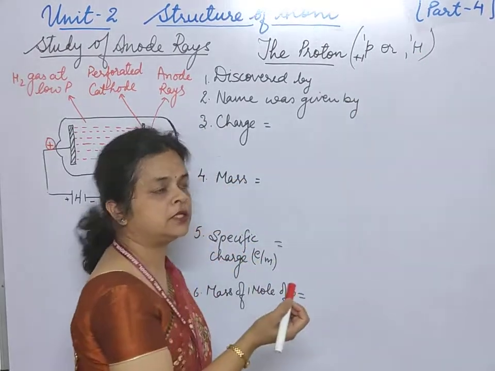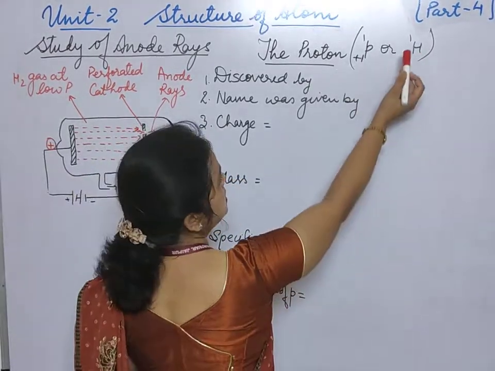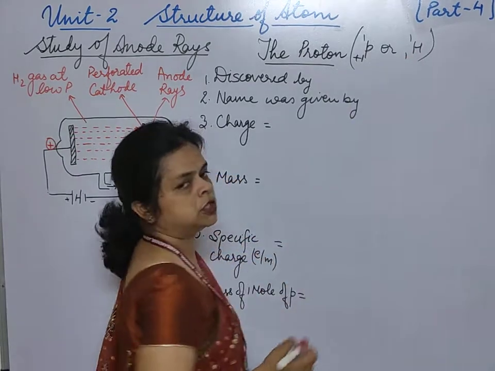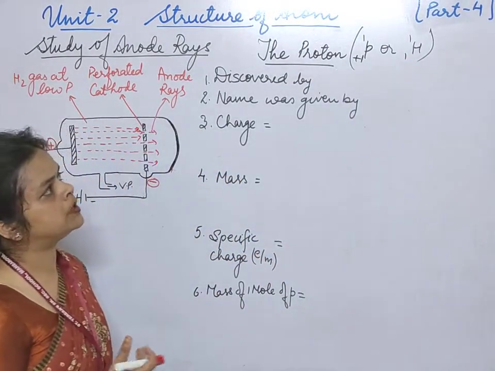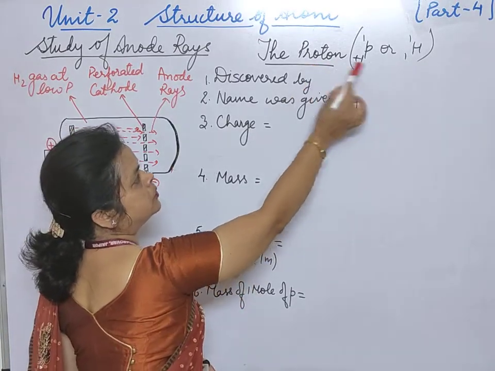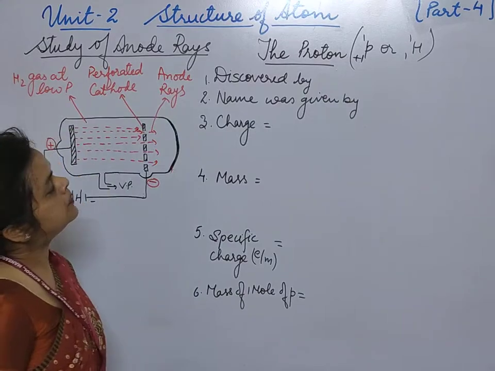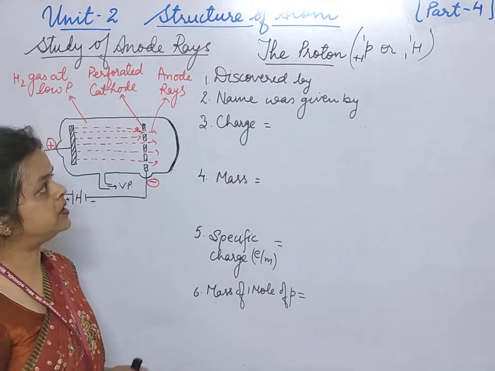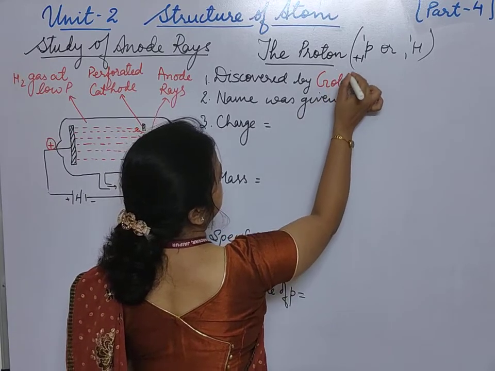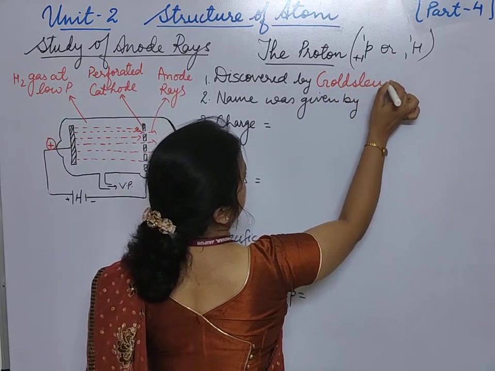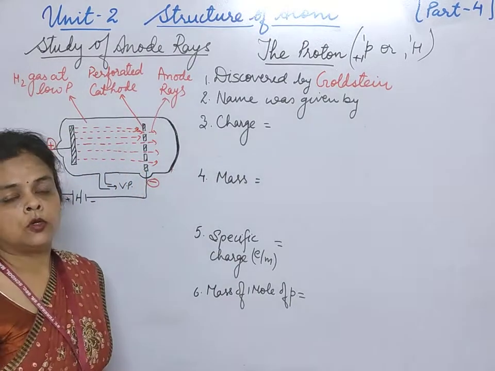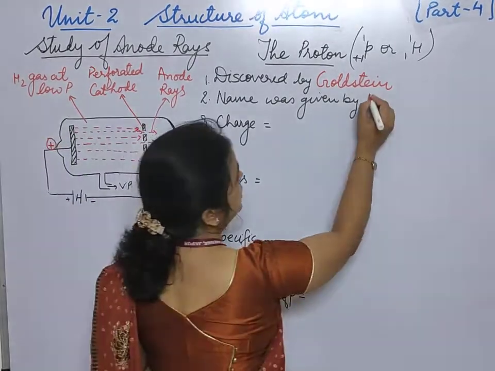The hydrogen atom, we had already discussed this, has atomic number 1 and atomic mass 1. So we are also representing proton by this. The proton was discovered by Goldstein.